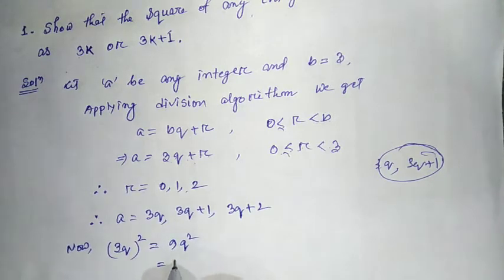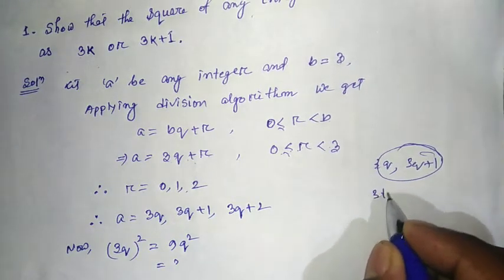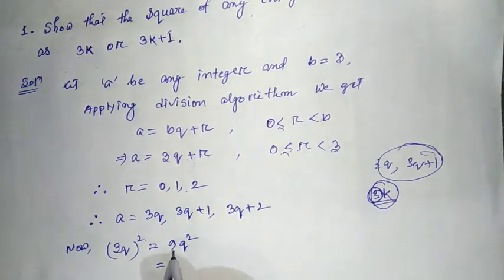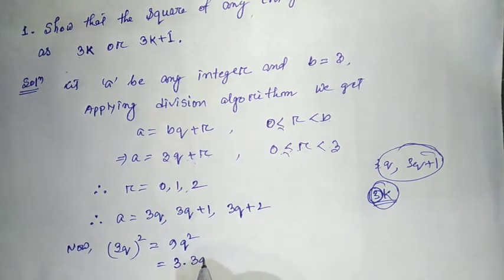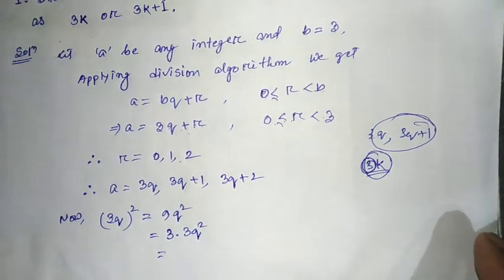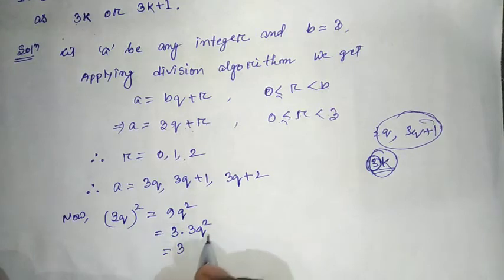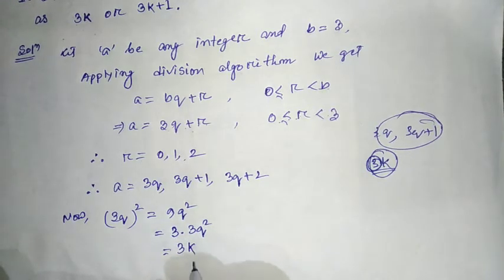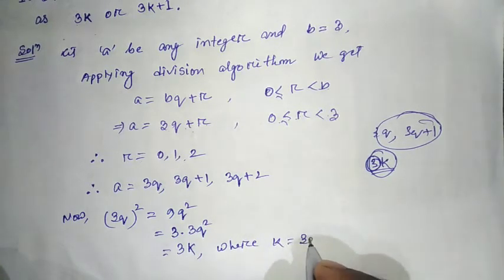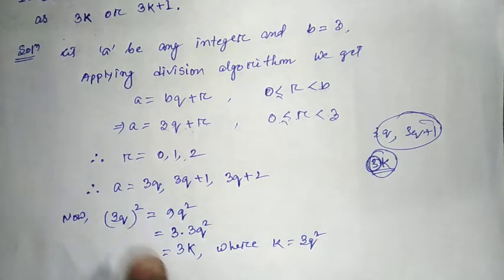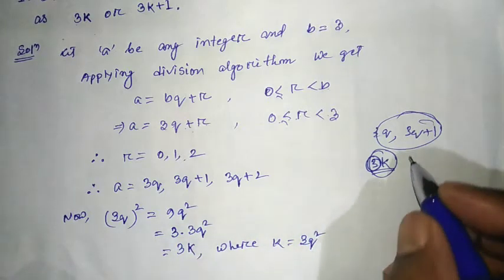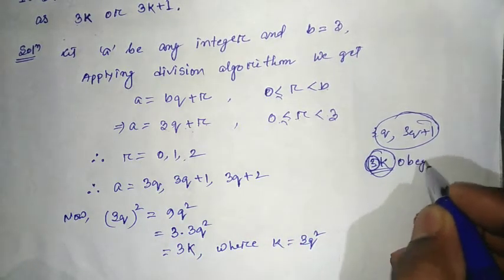Since we need the 3k form, we separate one 3 here, so 9q square can be written as 3 into 3q square. Taking 3q square as k, where k is equal to 3q square, the first integer's square can be expressed in the form 3k. That means it obeys the rule stated in the question.